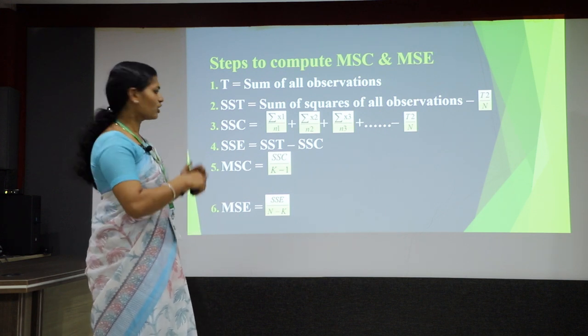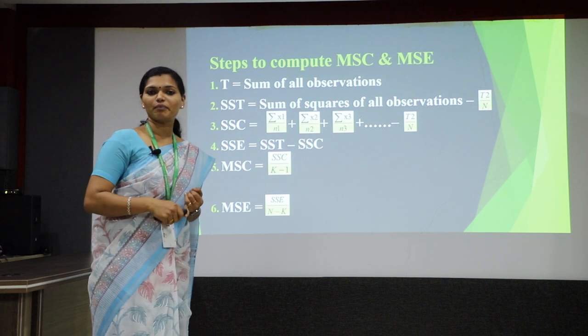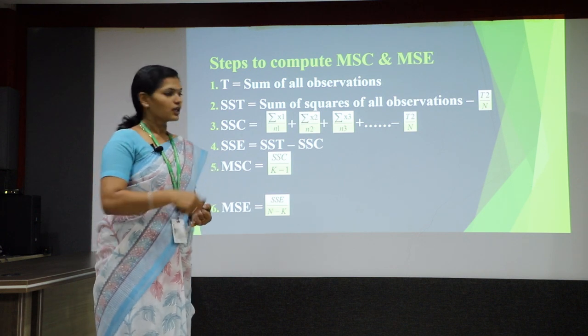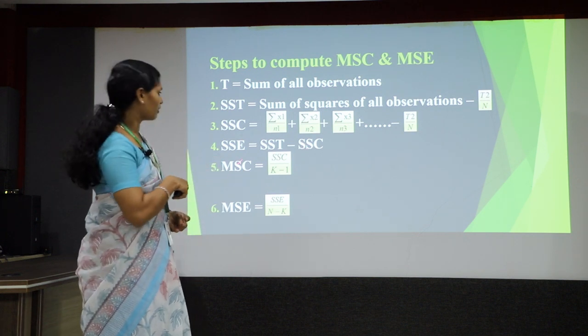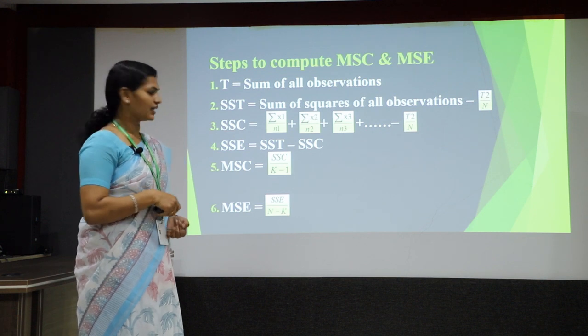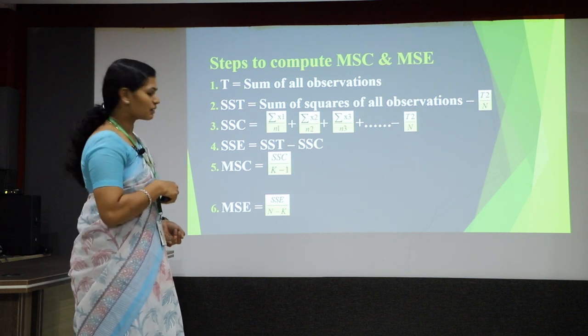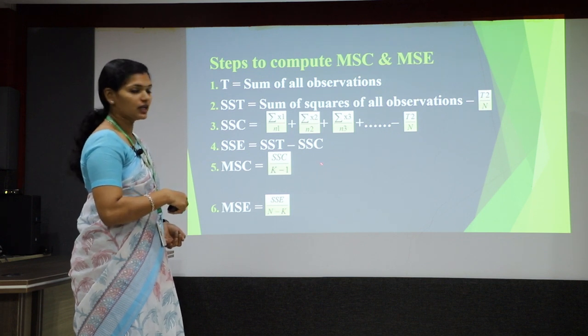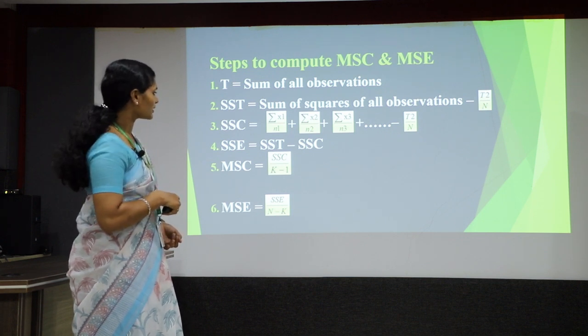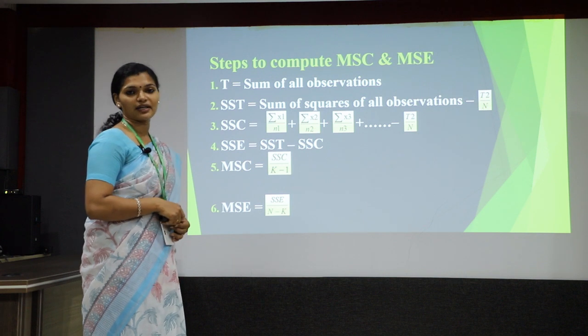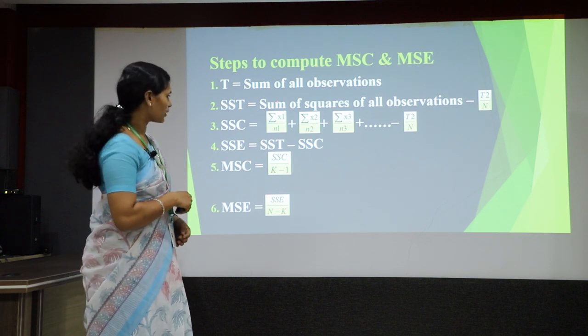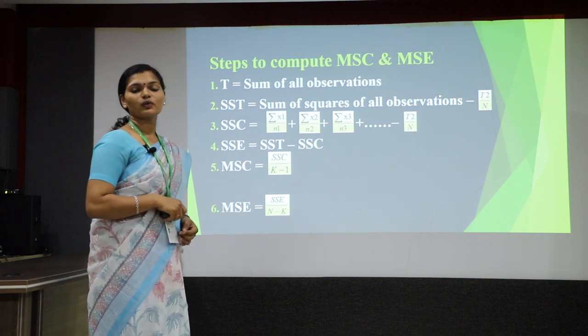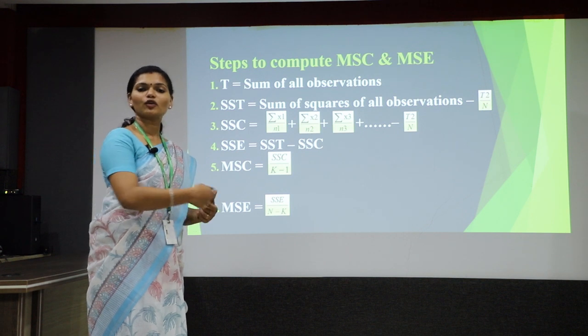Then next is MSC. We are computing all this for finding the value of MSC and MSE. Now we have calculated the rest, so you can find MSC and MSE. MSC is the mean square between sample, with the formula SSC divided by K minus 1. SSC we have already computed, and K is the number of columns, so number of columns minus 1.